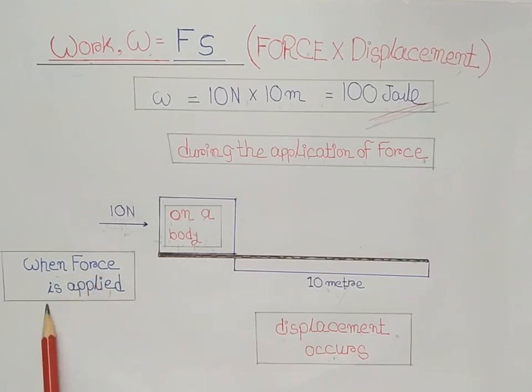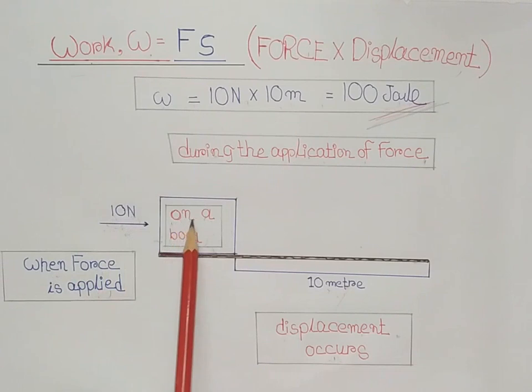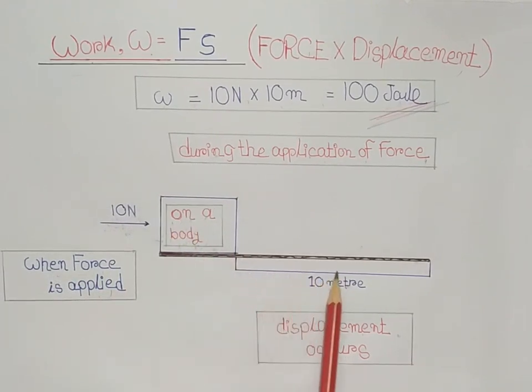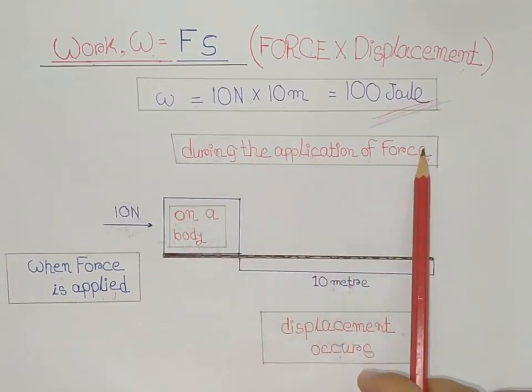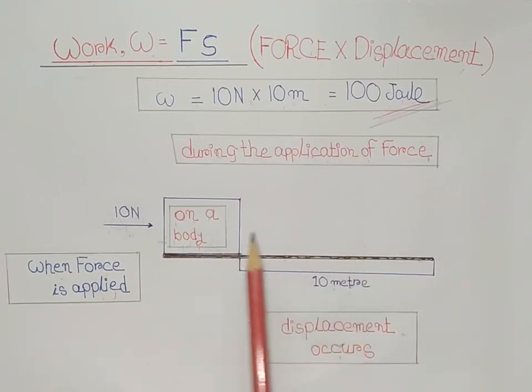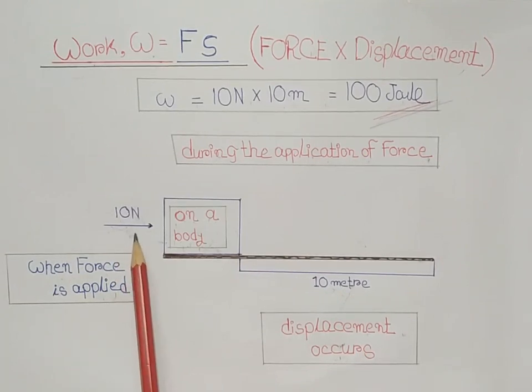When 10 Newton force is applied on a body and the body is displaced by 10 meters, here I have written displacement occurs during the application of force. That means displacement will occur only in presence of force. If displacement occurs in absence of force, then no work will be done according to physics.